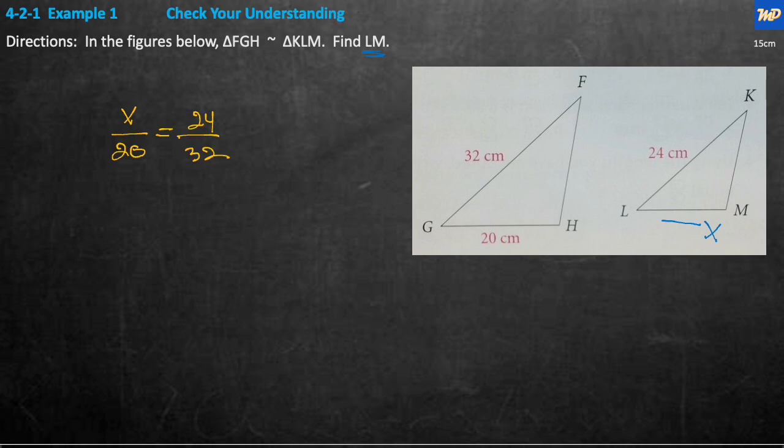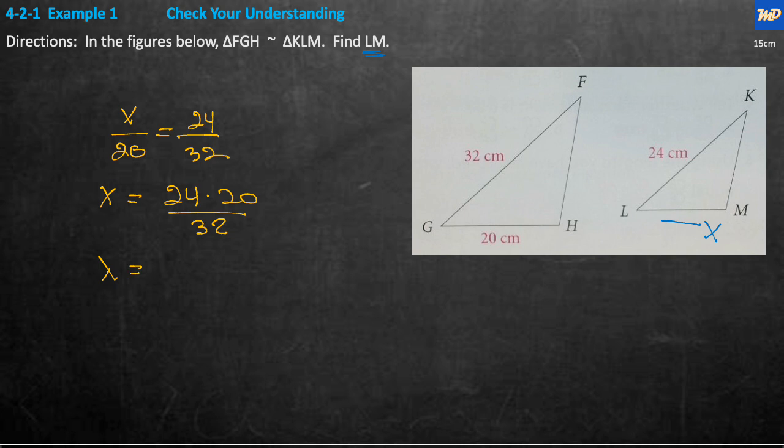We're going to multiply both sides by 20. So x is equal to 24 times 20 divided by 32. That's kind of cross product. We didn't do cross product, but we canceled the 20 on the left-hand side. So now we have x equal to what?